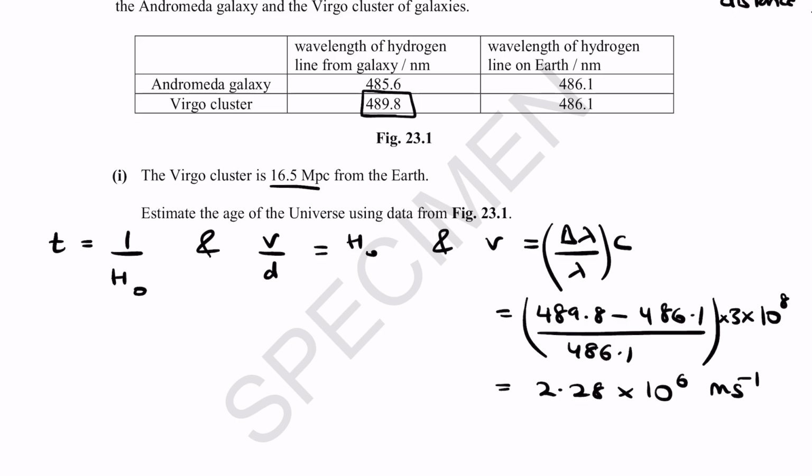Now I'm going to work out H naught. Actually, let's just do it step by step so that I don't lose any method marks.